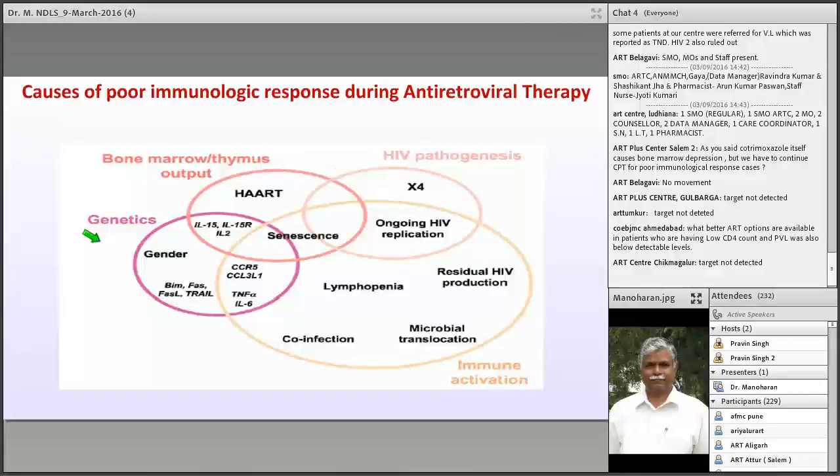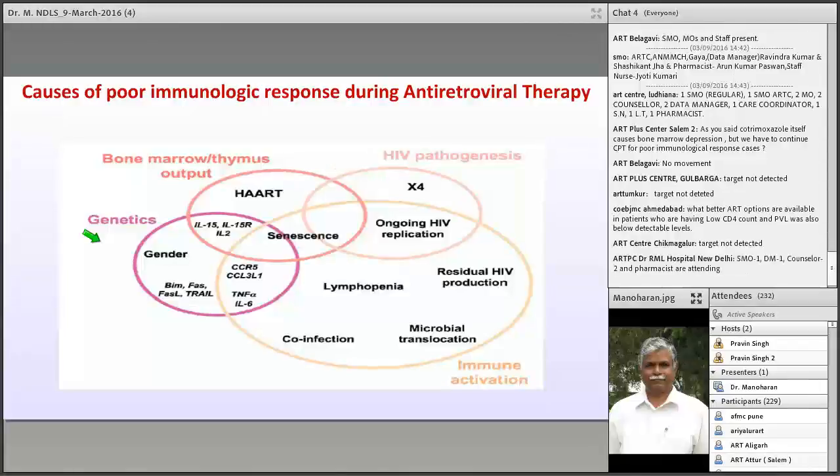Probably this session may give you some idea how to improve the CD4 count. Otherwise, you have to continue the same antiretroviral therapy as per the national program, provided you have ruled out HIV-2 infection. I hope I answered your question.